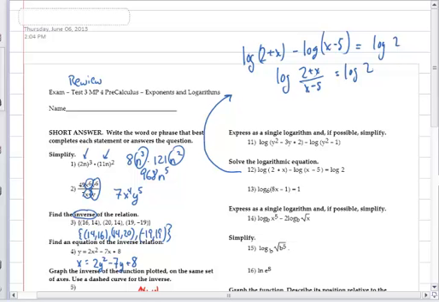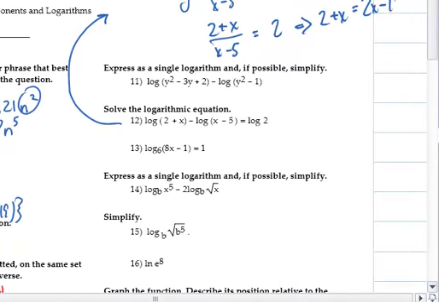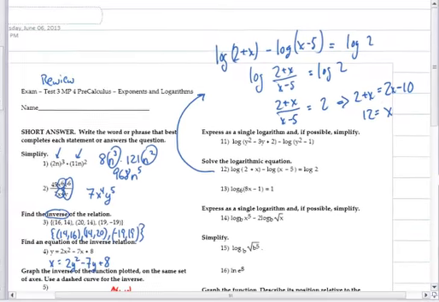Because we have common logs on either side, we can just set the 2 plus x over x minus 5 equal to 2. Whenever you have a ratio equal to a number, cross multiply, so you have 2 plus x is equal to 2x minus 10. That's just a linear equation now. So you have x is equal to 12.